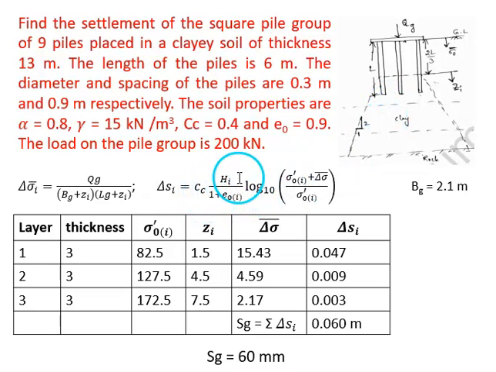So 0.4 into 3 divided by 1 plus e naught, which is 0.9, into log to the base 10 of sigma naught dash, which is 82.5, plus delta sigma dash, which is 15.43, divided by sigma naught dash, that is 82.5. So that we can find the settlement of first layer. Similarly, for second and third layers, we can calculate the settlement. Then we can find the sum of these settlements, which is nothing but the settlement of pile group.